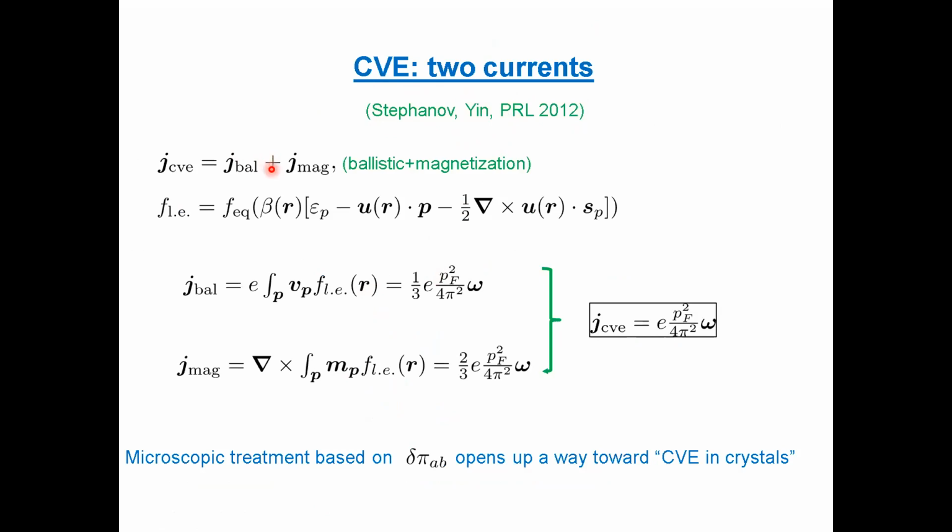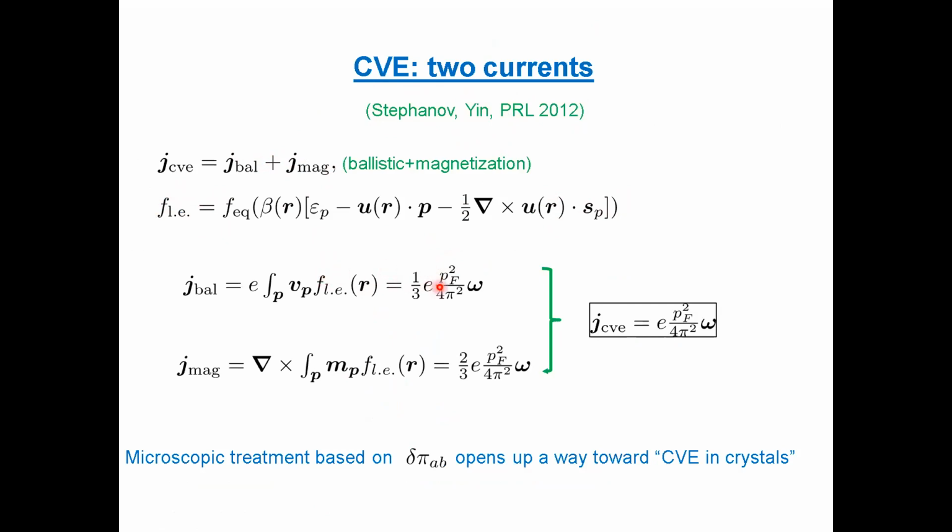The current, of course, is just two contributions. It's the usual ballistic current and the magnetization current, the curl of magnetization. Remember, these Weyl fermions have magnetic moments, so if the magnetic moment is non-uniform, there is an associated current, the curl of it.